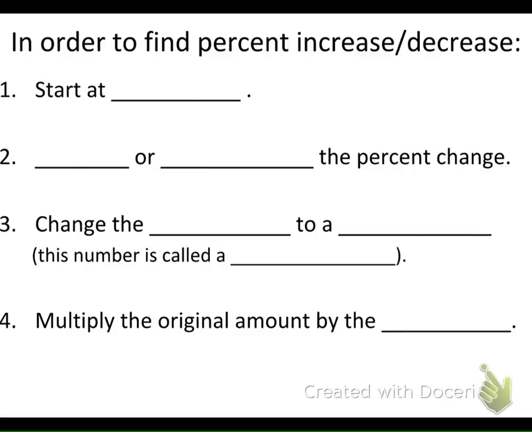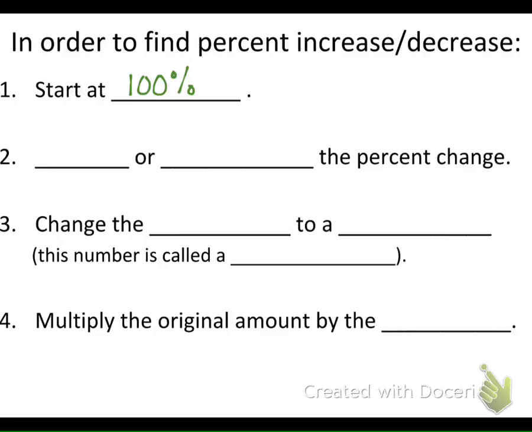So, in order to find percent increase or decrease, the first step that you're going to do every single time is start at 100%. Now, if we're talking about increase and decrease, we're talking about two operations. What does increase mean to do?